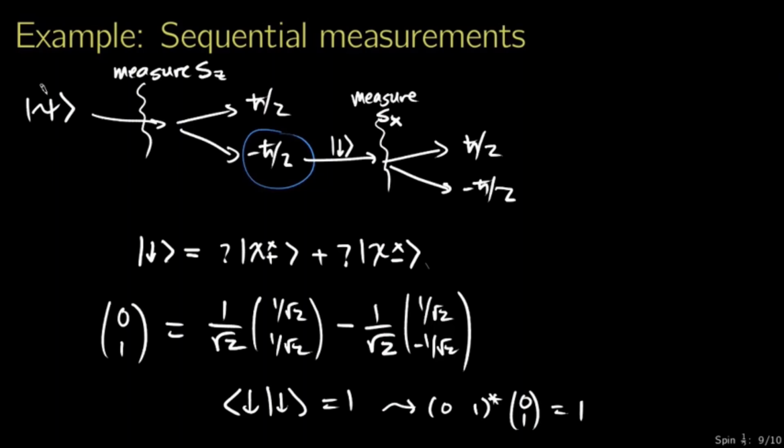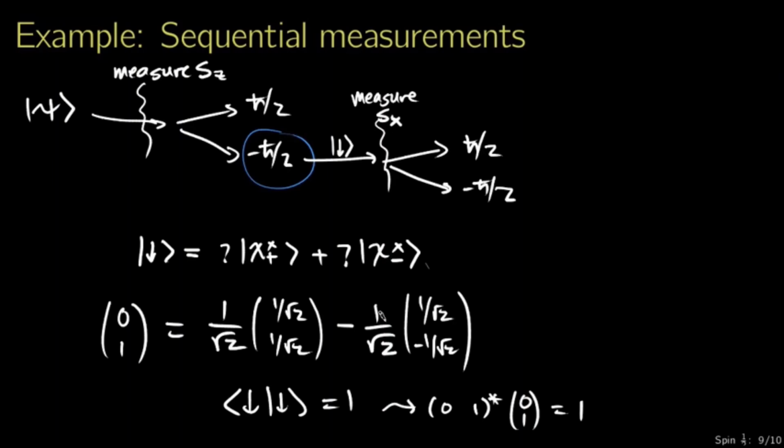We had a quantum state in an unknown system, measured the z component of the angular momentum, supposed that we got the minus h bar over 2 angular momentum eigenvalue, which meant that our quantum system was in the down z component of angular momentum eigenstate. And then in order to figure out the outcomes of a measurement of the x component of the angular momentum, we expressed that down quantum state as a superposition of eigenstates of the S sub x operator.